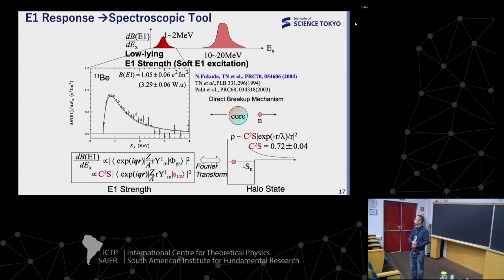So about beryllium 11, because I think Tobias already mentioned there's a P-wave state, right? If there goes through S to P-wave transitions, does this appear in the measurement in the breakup? Yes. You mean the breakup process? Yeah.